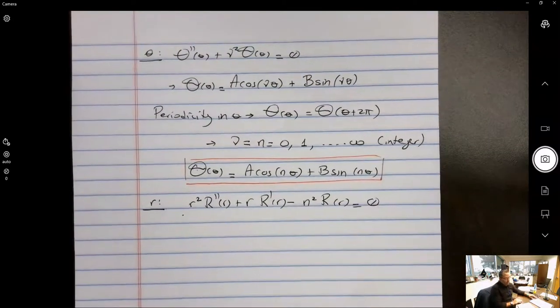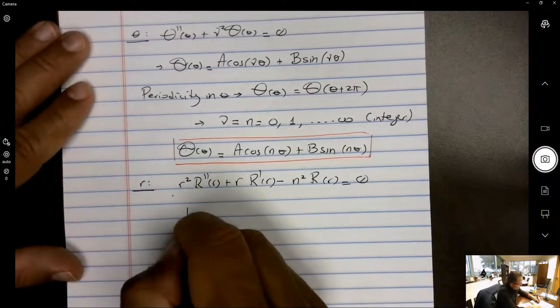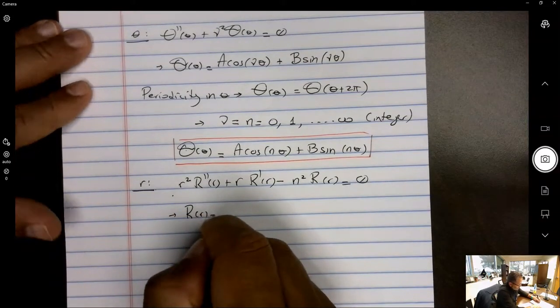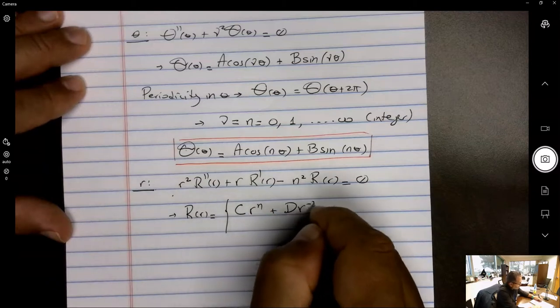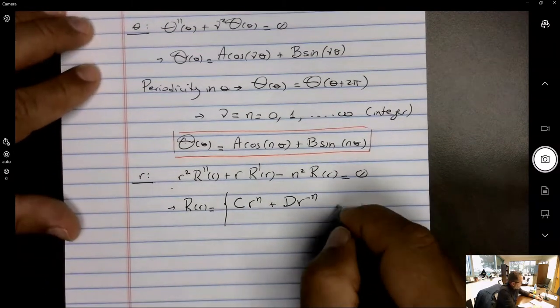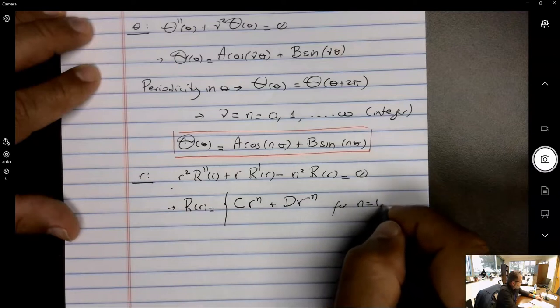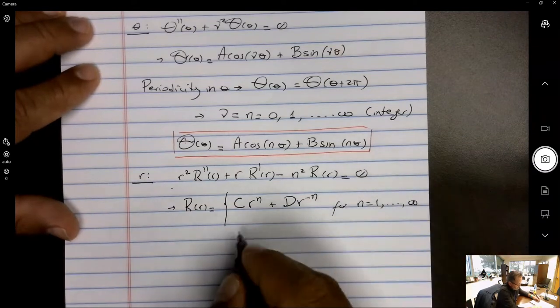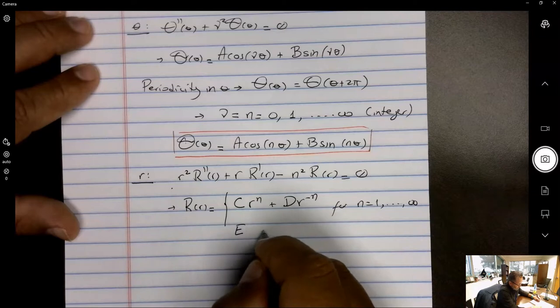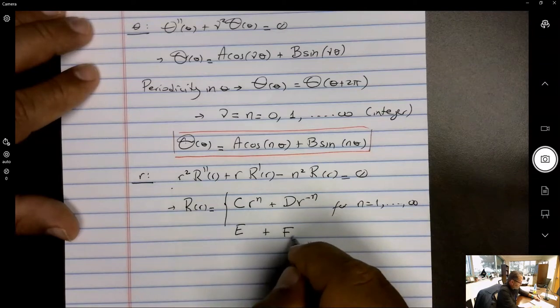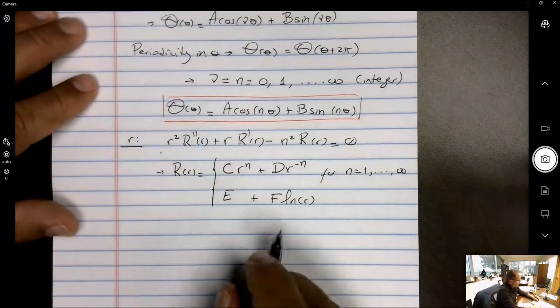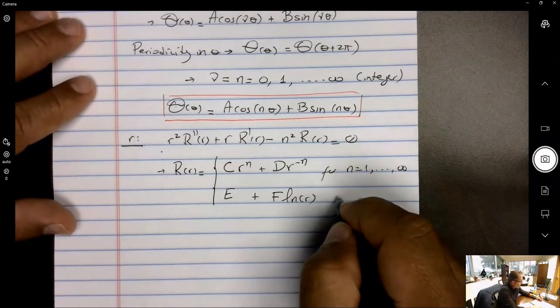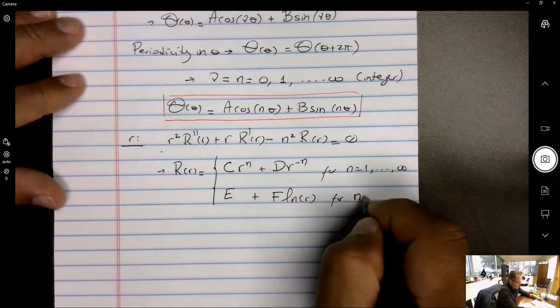Again, that's the Cauchy-Euler equation, whose solution should be c times r to the n plus d times r to the minus n for n going from 1 to infinity. But in the case of n equals 0, we're going to differentiate the name of the constants. In fact, they're different: e plus f log of r if n is equal to 0.